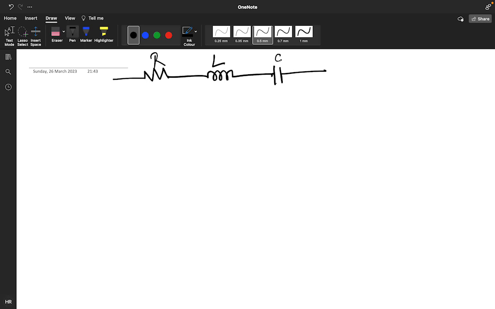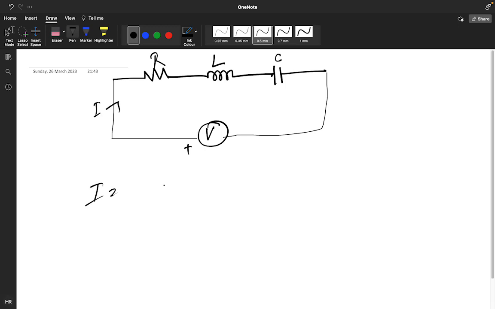V by Z. Write the equation: this is your voltage, positive, and I am assuming this direction for I. What will be the I value?